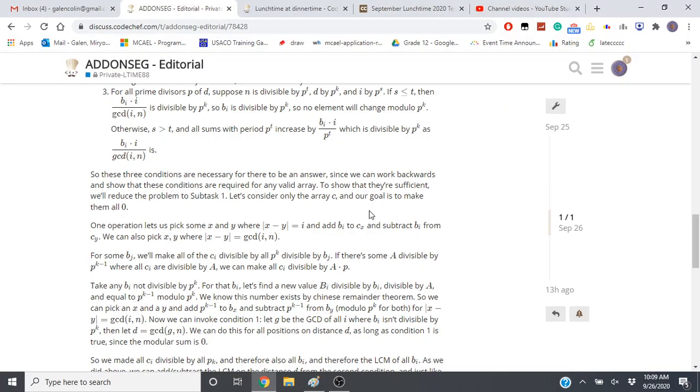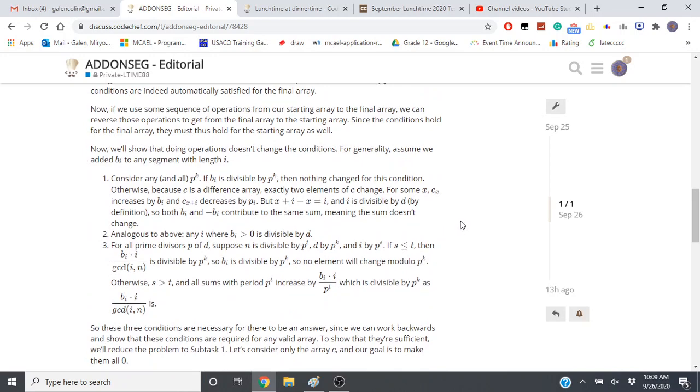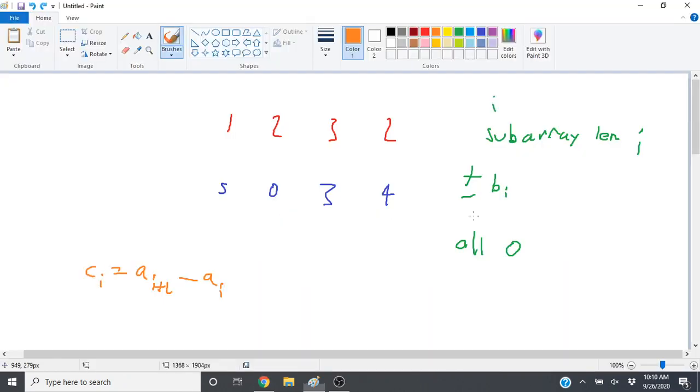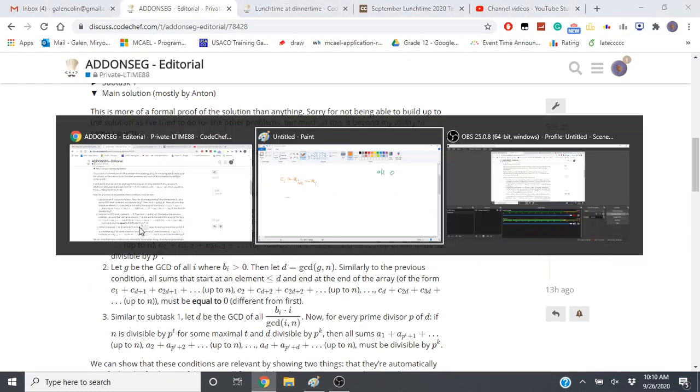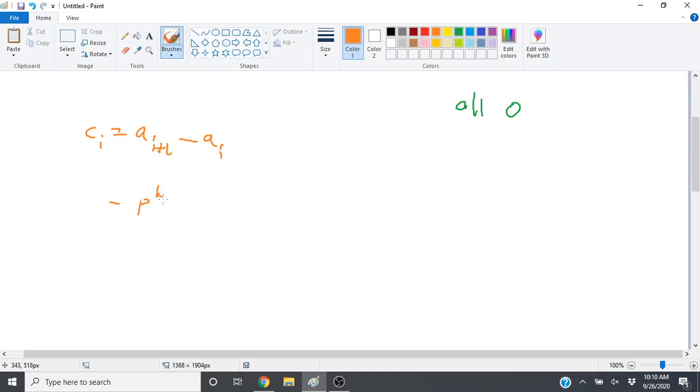So once we do this, then we have 3 conditions. 1, for all prime powers p^k that divide some value of b_i, we're going to use this bar notation for divides. For all p^k that divides some b_i, actually I'm going to use numbering here. We must have the following property.